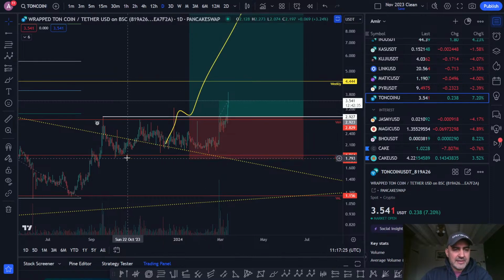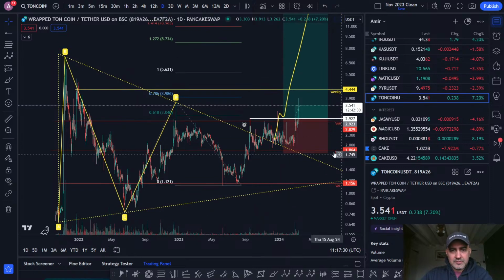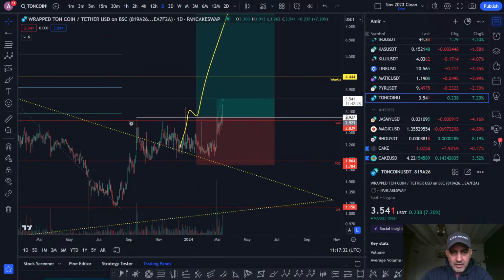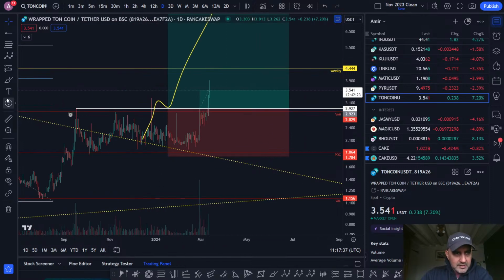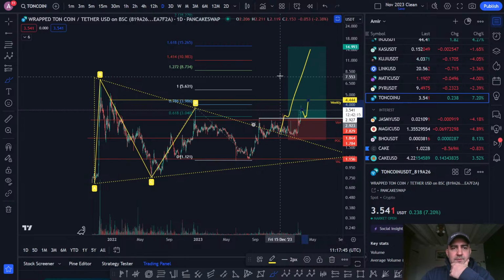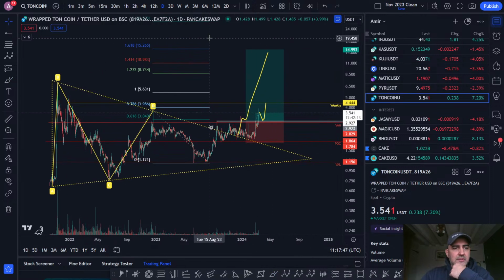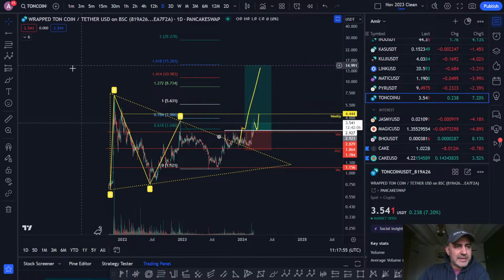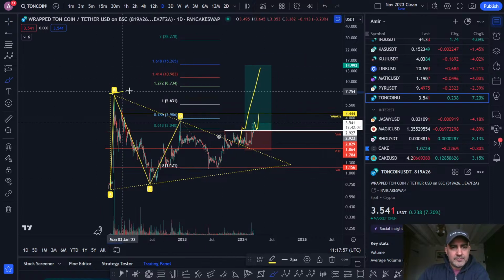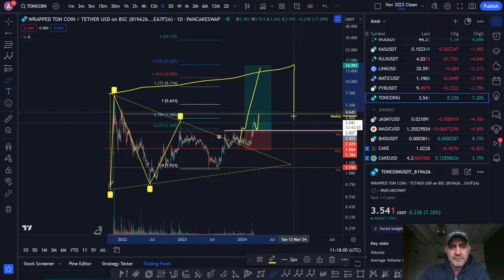Wide invalidation, but I had the invalidation underneath these lows here. After you broke out of this triangle, potentially now you're looking for a pullback to backtest this. You want a little backtest here, get up to $15 I think on this. That's what I'm thinking. That would complete that kind of pattern idea.